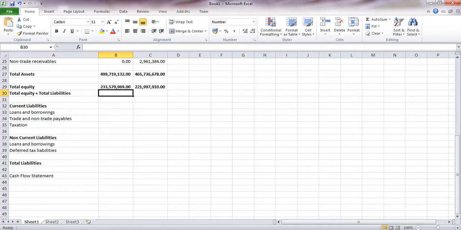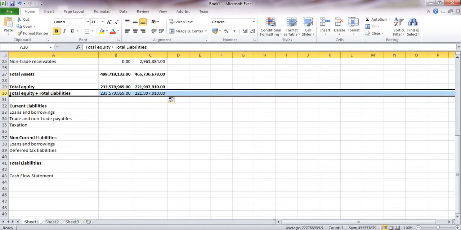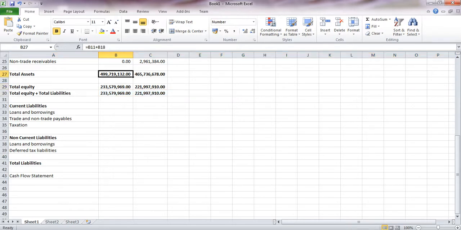So the figures over here are basically equal to this one plus this one, and the figures must be exactly the same as this one.